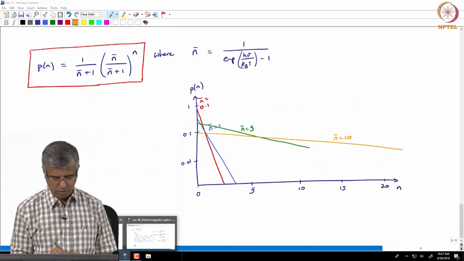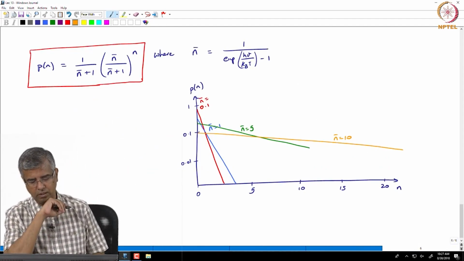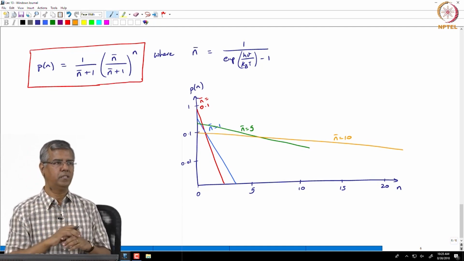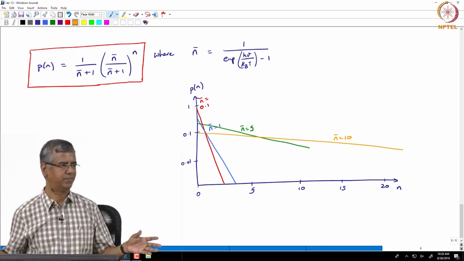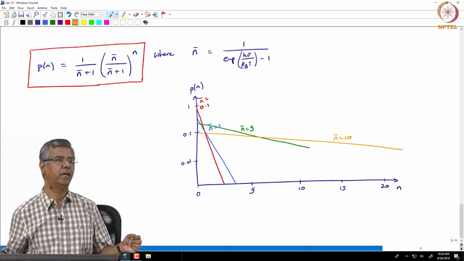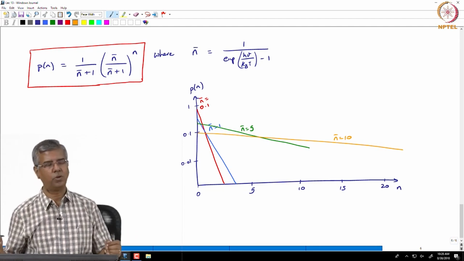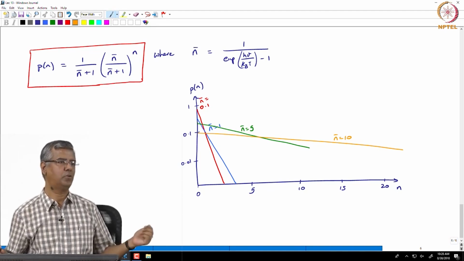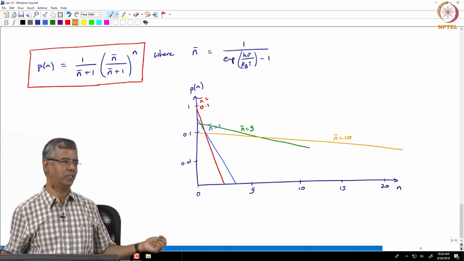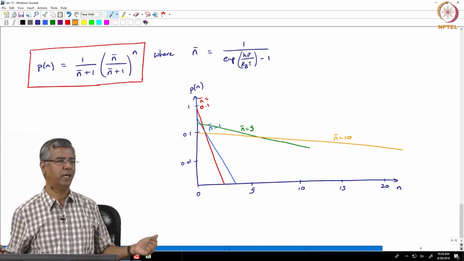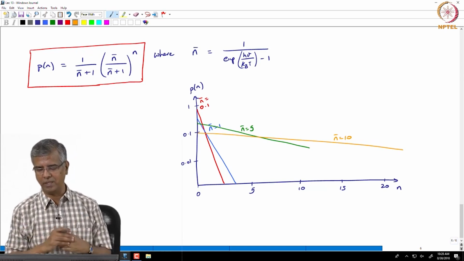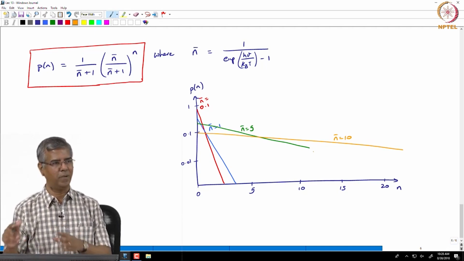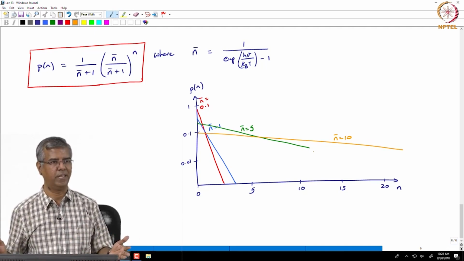But now look at this picture. What can we say about this picture? The distribution is much flatter. Which source would be more random? This source is much more random than the other source. Because statistically, if you consider n bar equal to 10, there it goes to a maximum and falls off on either side of n equal to 10.